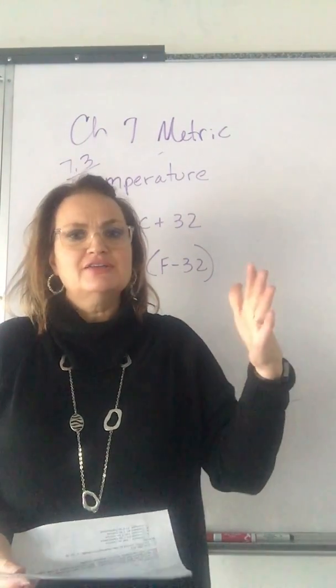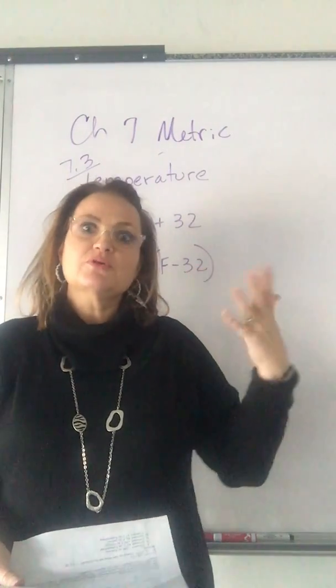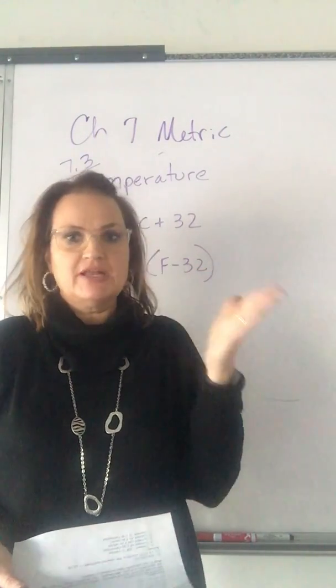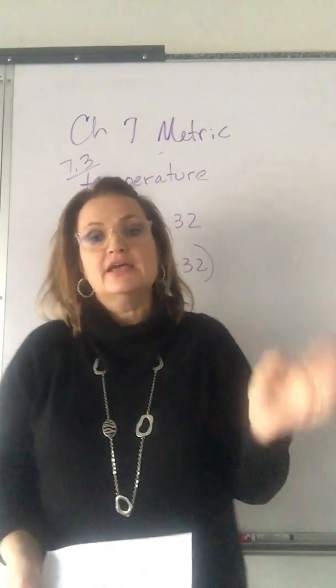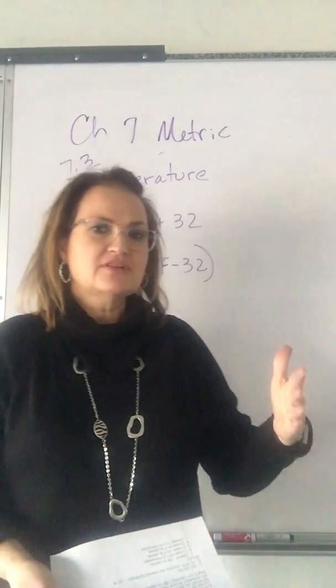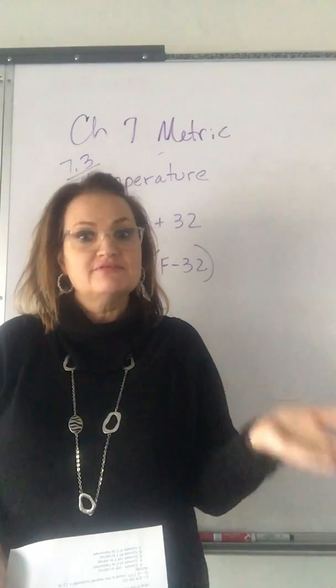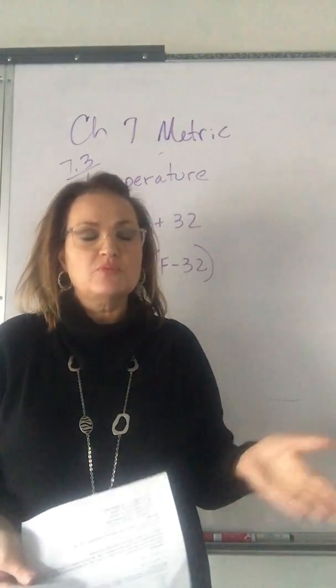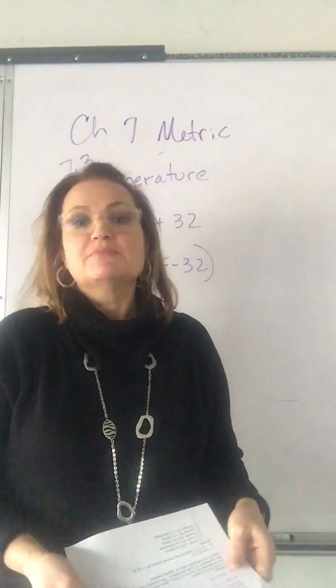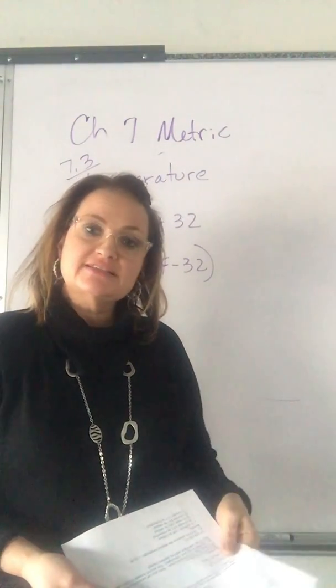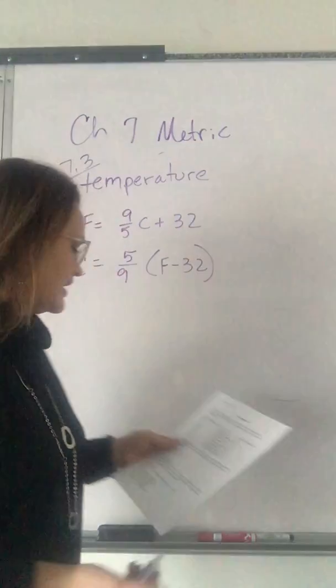So those are not as handy numbers, but we're used to it, and I feel like everybody kind of knows 32 degrees Fahrenheit is when it's going to be freezing, and you know how 80 degrees Fahrenheit feels outside. We know that's a pretty warm day, and 100 degrees Fahrenheit, a really hot day. But we're not as accustomed to the Celsius scale, so this is to help us with that.